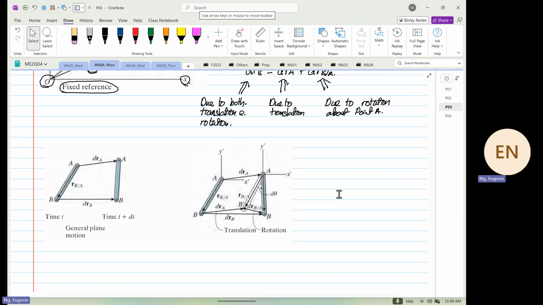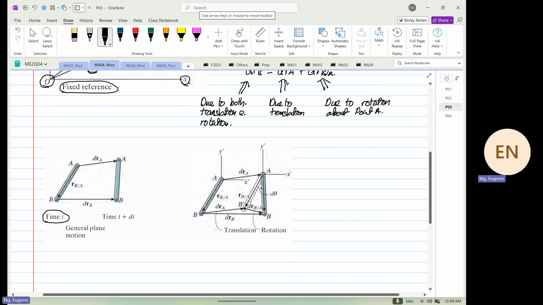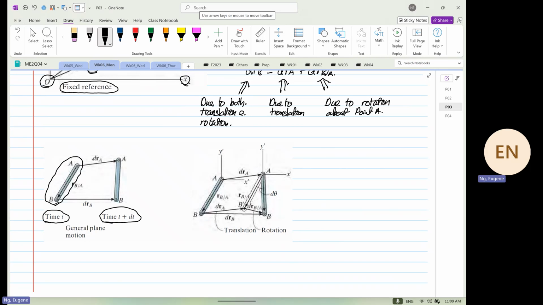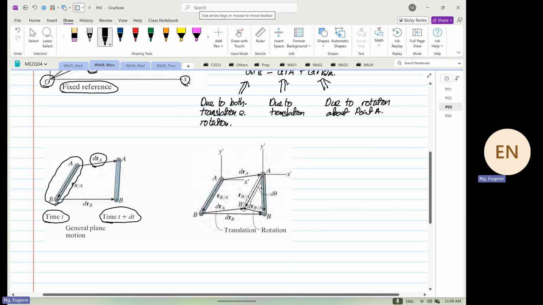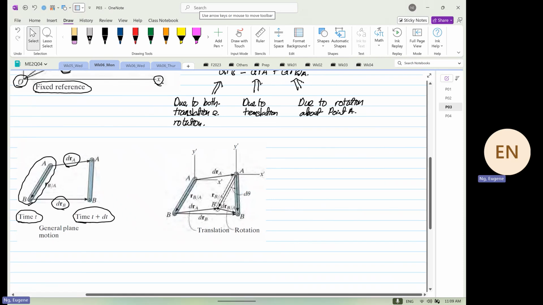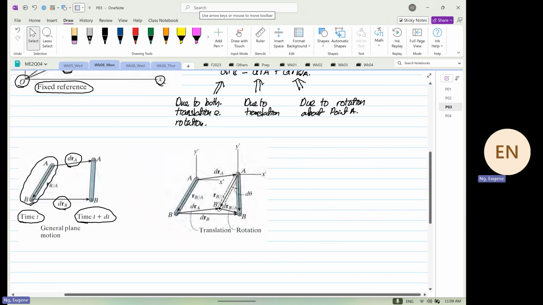So at time t at this position, when time plus delta t, now point A and point B have changed their position. So we have dr_A and dr_B, and that is the vector form, as you can see.